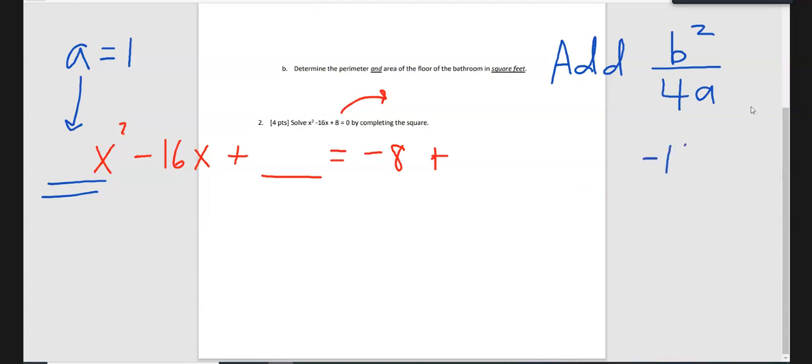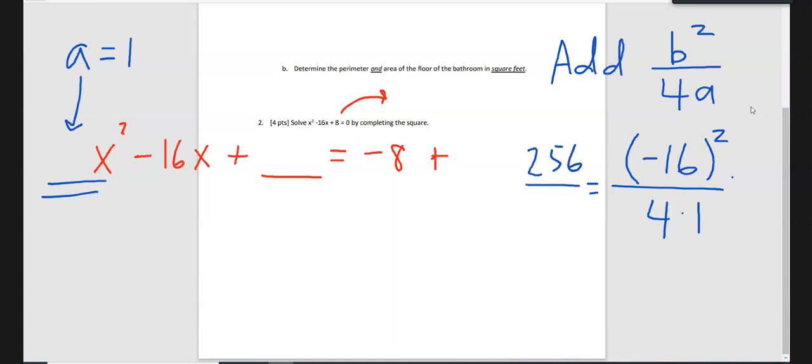Sure. I'm going to guess that they probably won't. B squared over 4 times 1 gives me 256 over 4, which is 64. So 64 is what we're adding to both sides of the equation.